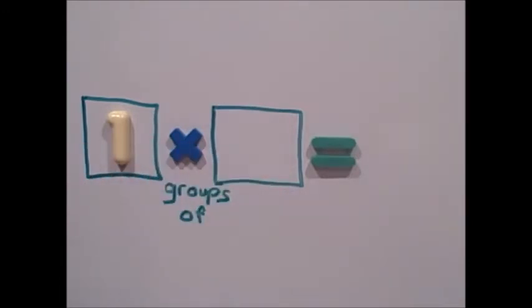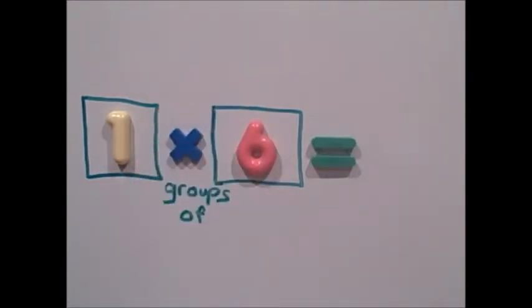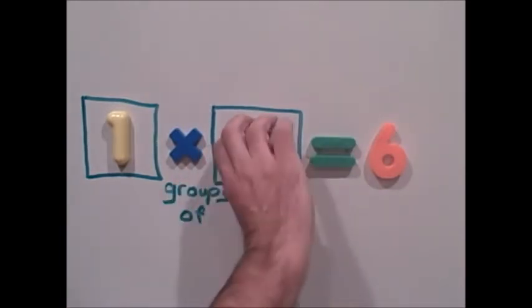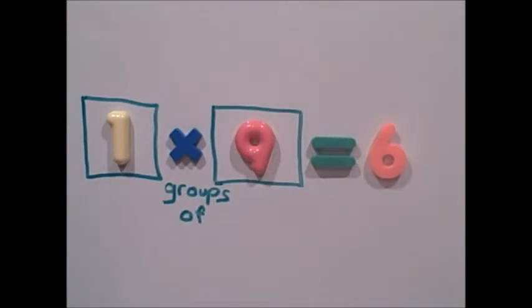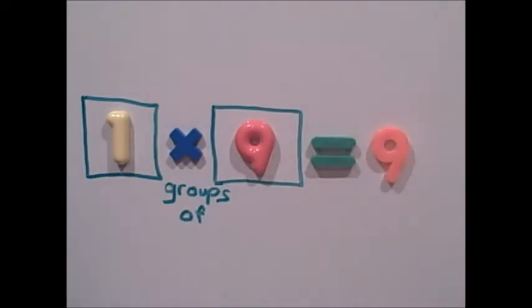Now if you think about this, if I were to put in 6, this stands for one group of 6. One group, 6 in there. And naturally, the product would be 6. If I did one group of 9, well, clearly that one group would have 9 in them.